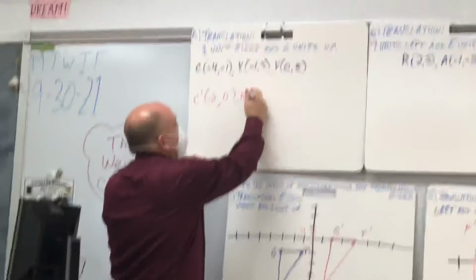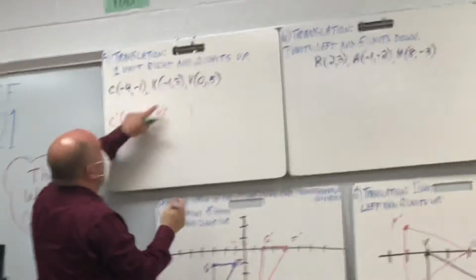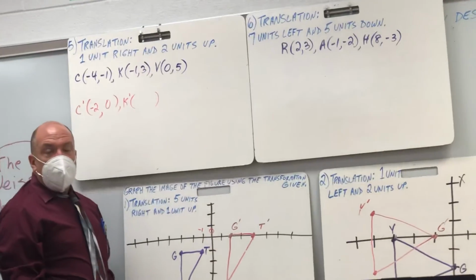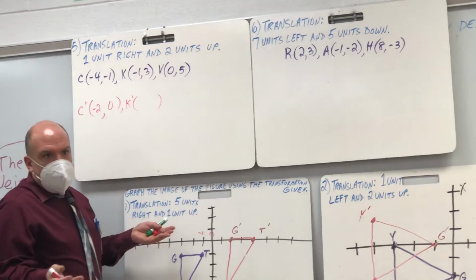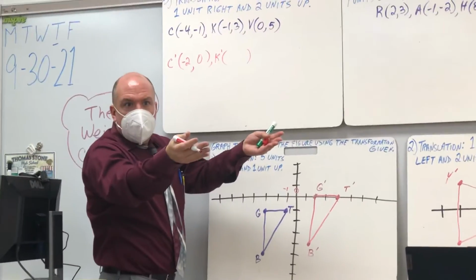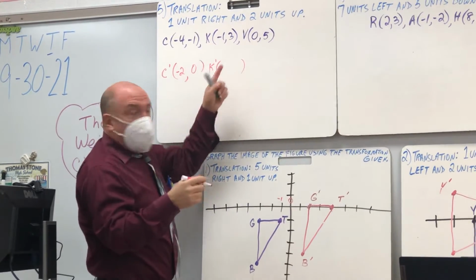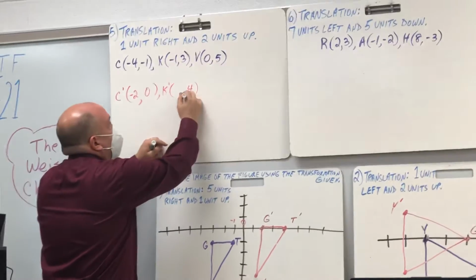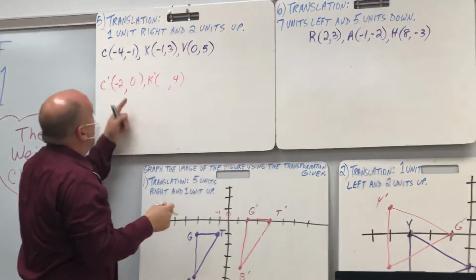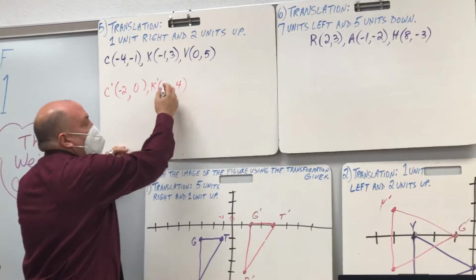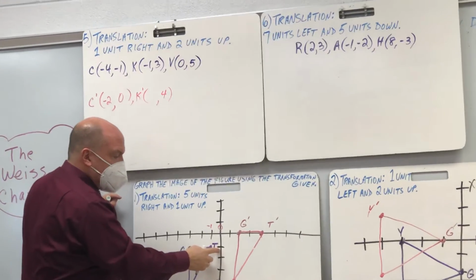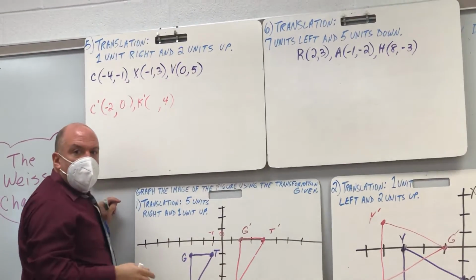K prime. -3. 1 unit right is just, I'm sorry, not -3, +3. 3 goes to 4, right? -1 goes 2 units up. How does -1 go 2 units up? 1, 2. 1, right?